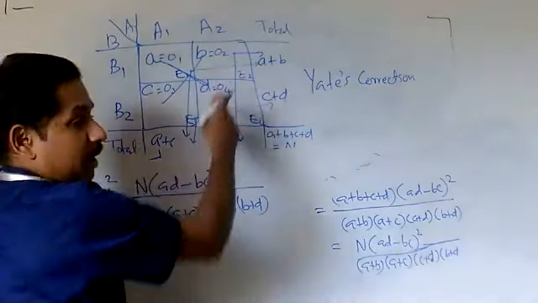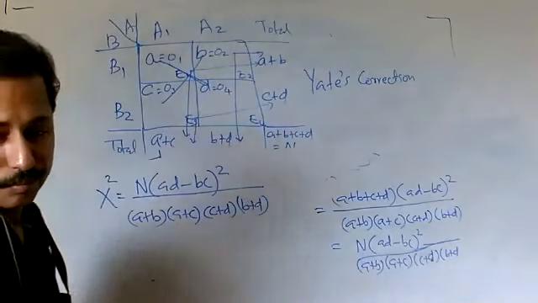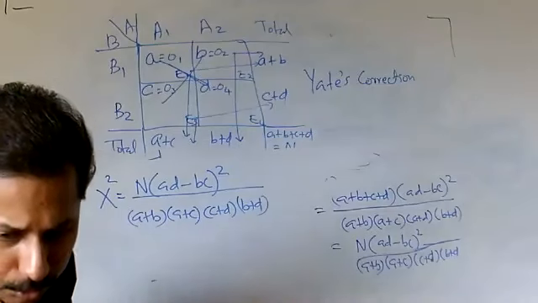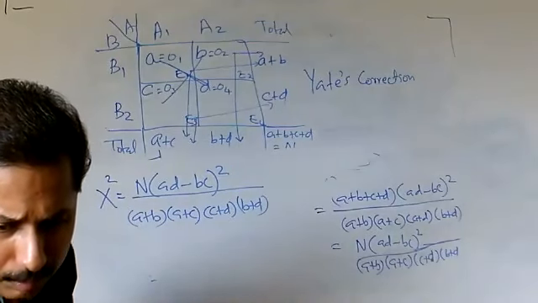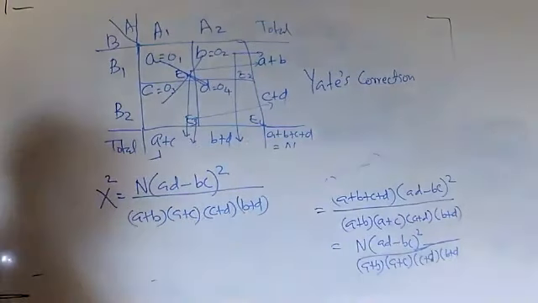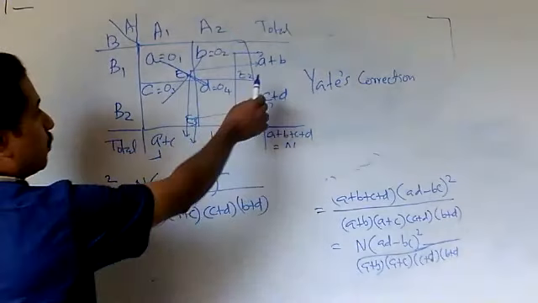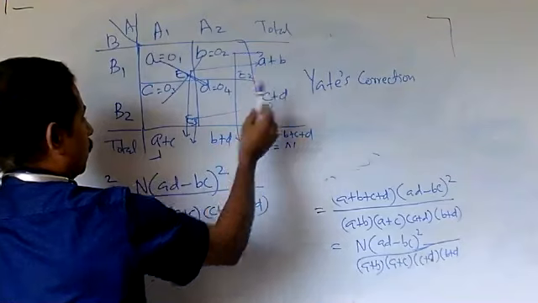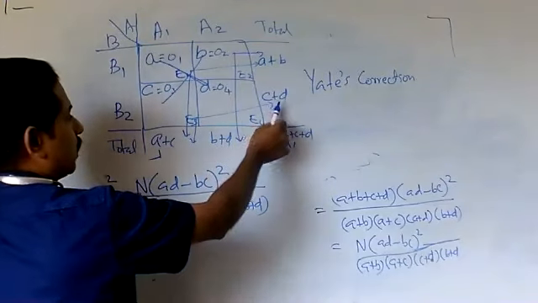First row total is A plus B. So you multiply those row and column sums. Here A plus B is R1, the row sum of the first row, then the sum of the first column, the sum of the second row.